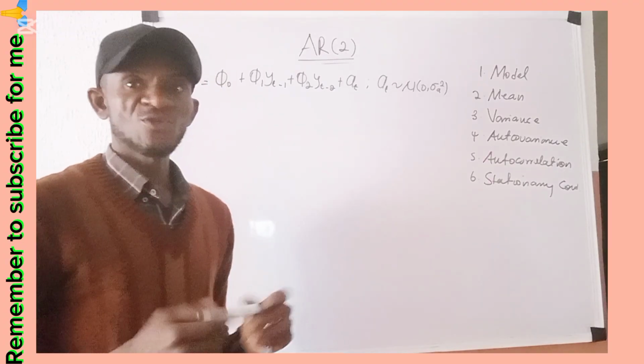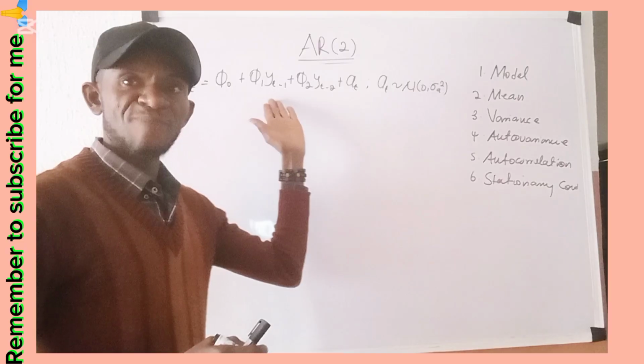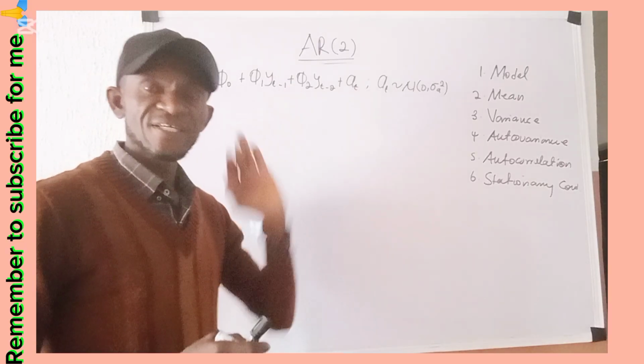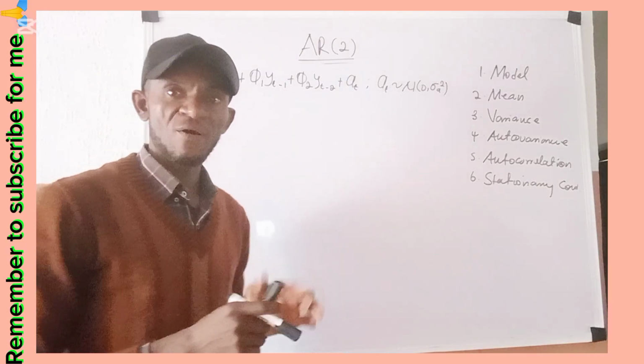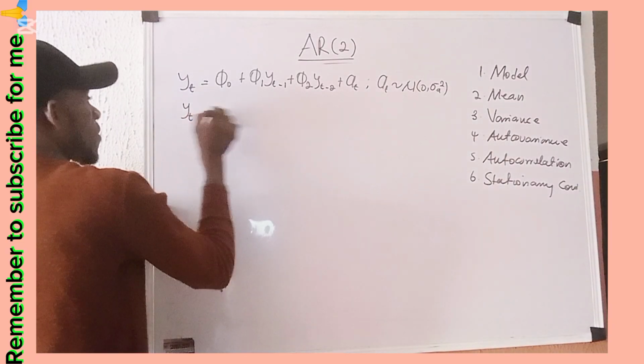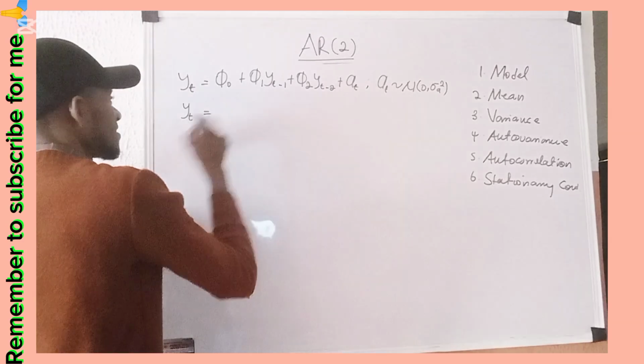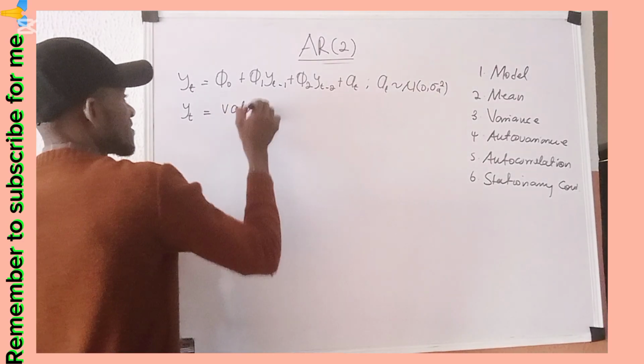So the next thing we are going to look at is, what is the explanation of each of the terms in this model? What is y of t? Of course, y of t equals the value of the series at time t.